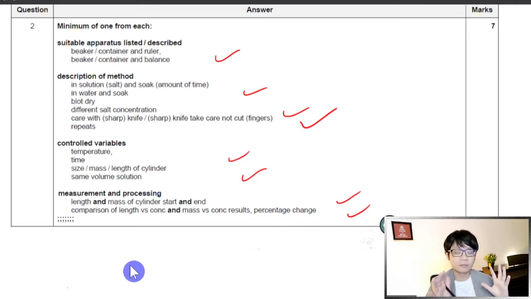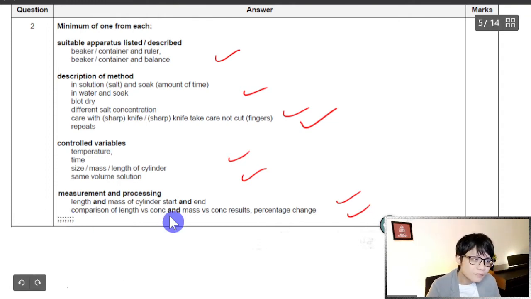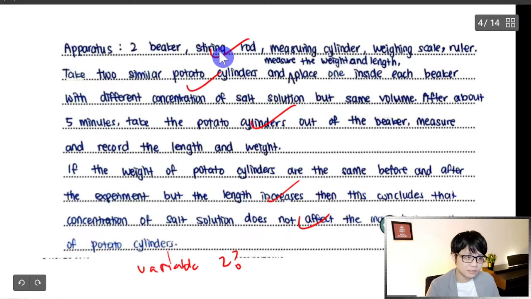So these are the common things that every experiment will have, and they just ask you. So when you do a question like this, usually these 6 things, they usually won't ask for conclusion. These 6 things you need to write out in order to get good marks in this question. So I already finished the student question.